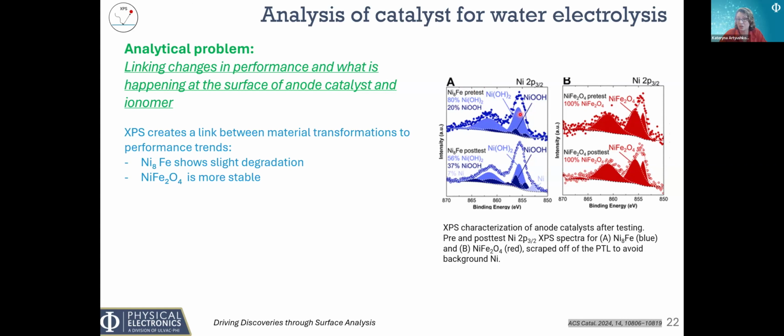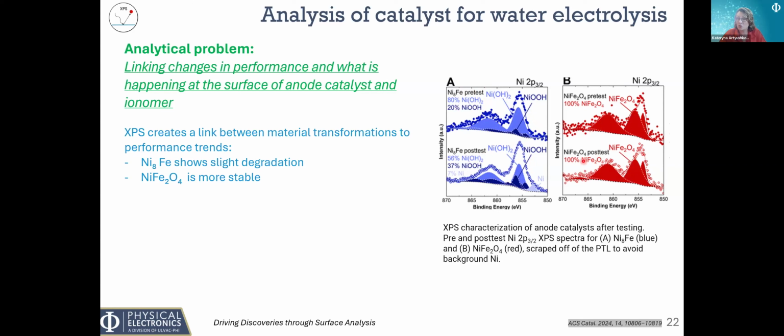changes in chemical composition. If you trace the changes in the first catalyst, from pre-test to post-test, you can see that there's a rearrangement occurring during testing that indicates slight degradation. While for the second example, there's almost no change from pre-test to post-test.